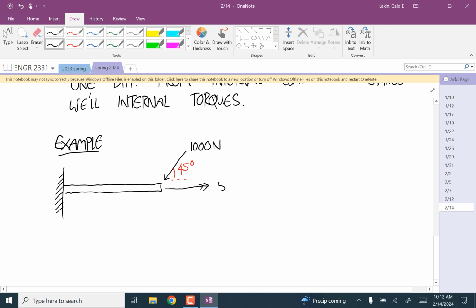And then a 500 Newton meter couple about the x-axis. That's what we haven't dealt with before. Let's say that the whole thing has a length of 1 meter, and we want to calculate the internal loads at the midpoint.